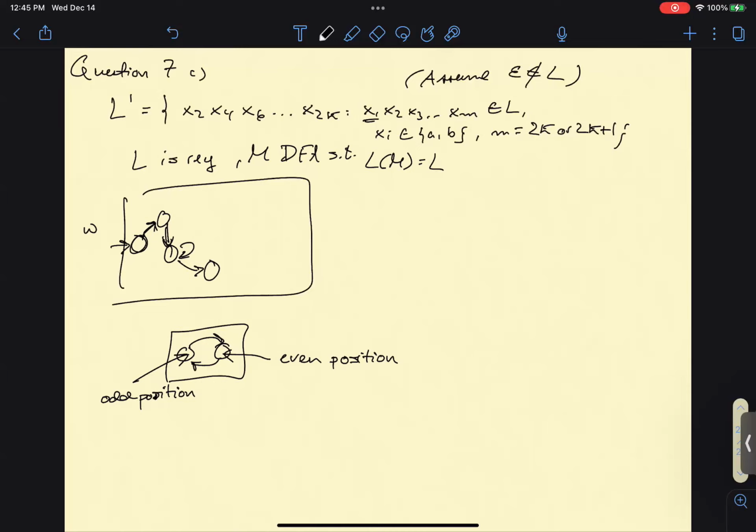But really what you're doing is using a tuple instead of just the states from the machine M. If you're in some state Q, you also keep track of whether you're in the even or the odd state. If you're in the even state, then you probably want to keep the letter, and if you're in the odd state, then you probably want to drop it. That's kind of where I'm headed. I still haven't really said much. So how do I do this? Is the intuition clear?